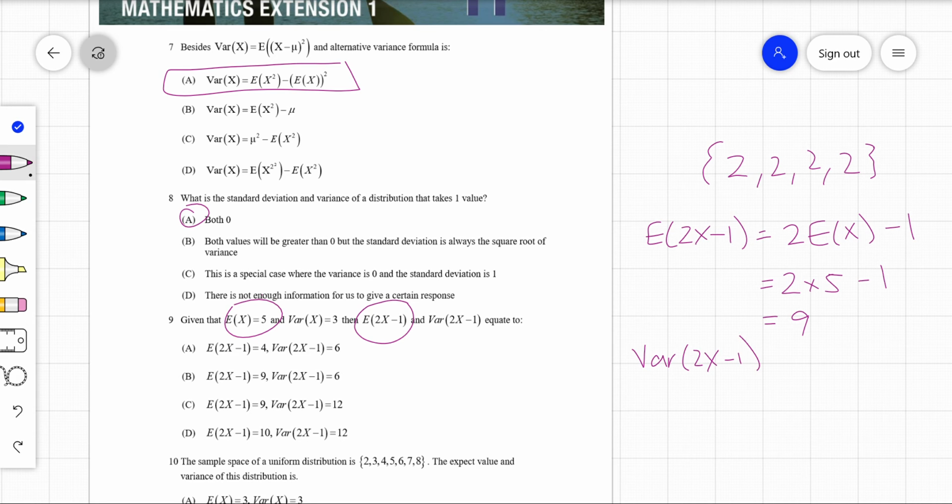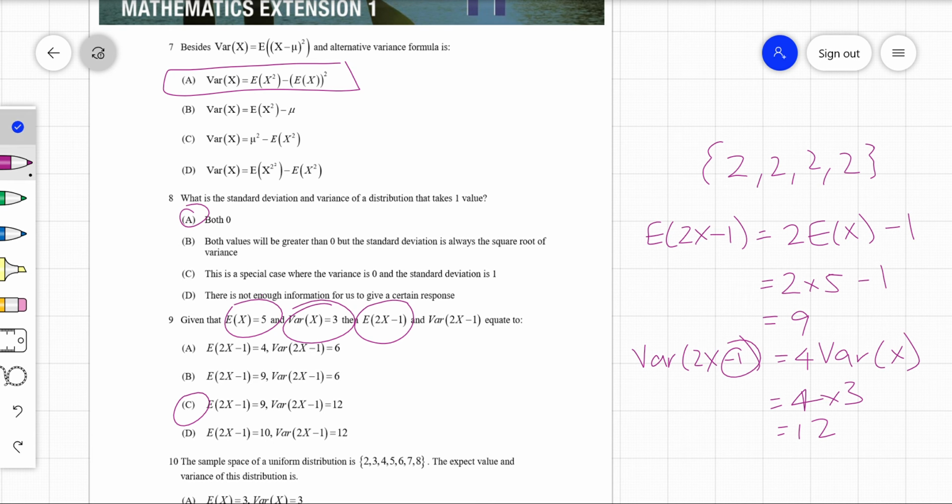The minus 1 doesn't do anything to the variance, but the 2 in front does. Variance is squared, so the 2 becomes 2 squared out the front of Var X, and I do not need to worry about the minus 1. So I get 4 times Var X, which is 3. So we've got 12, so an expectation of 9 and a variance of 12, that is C.